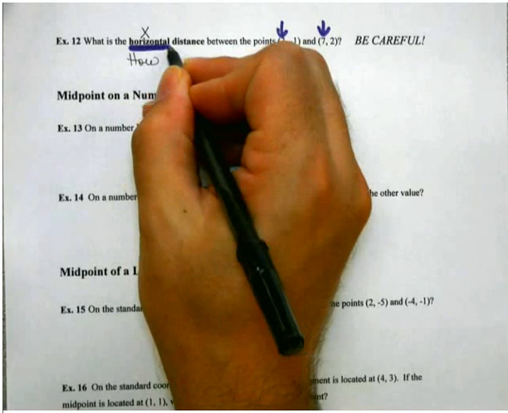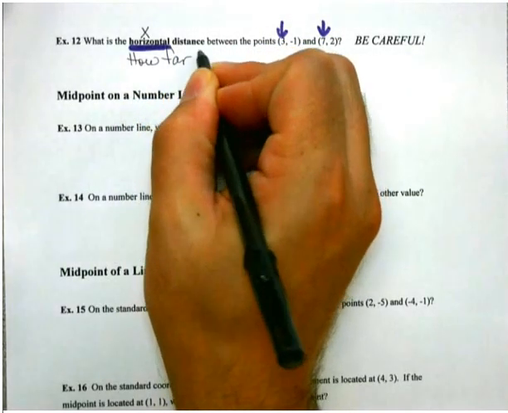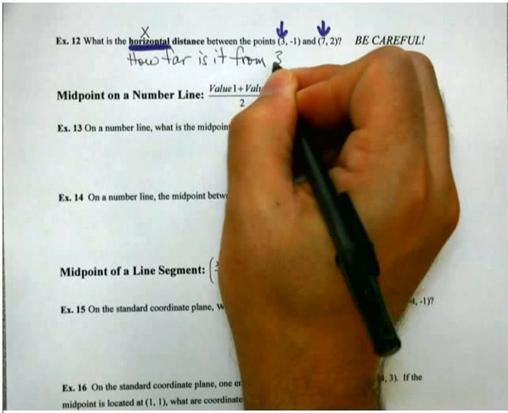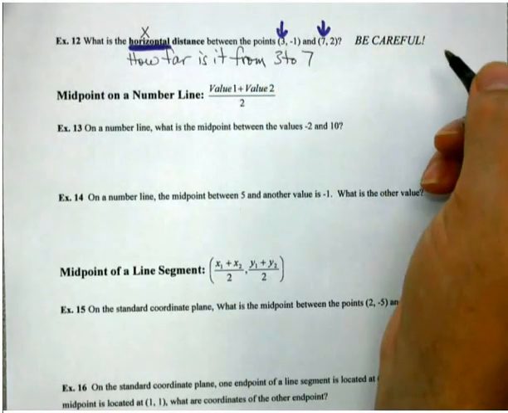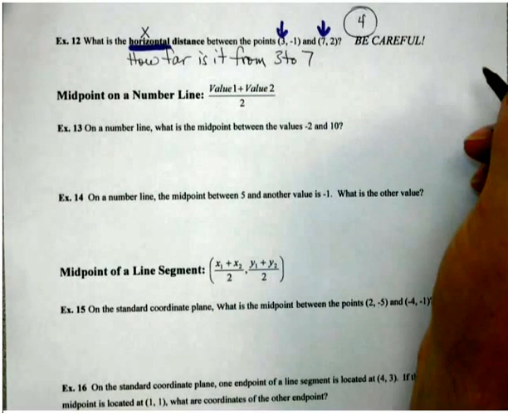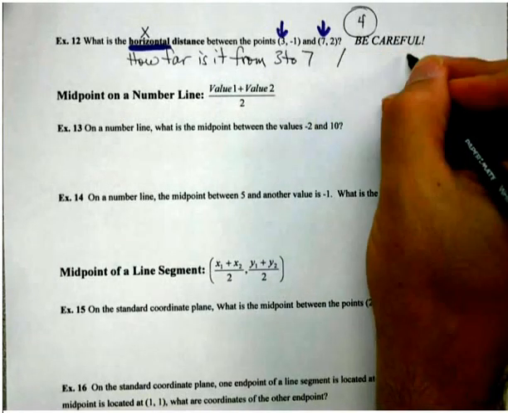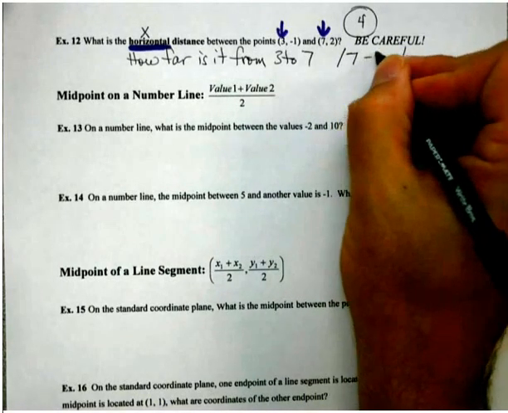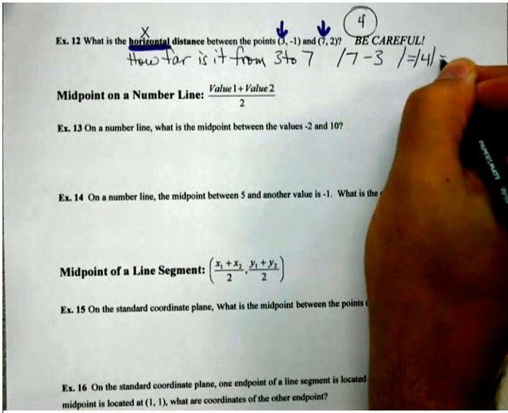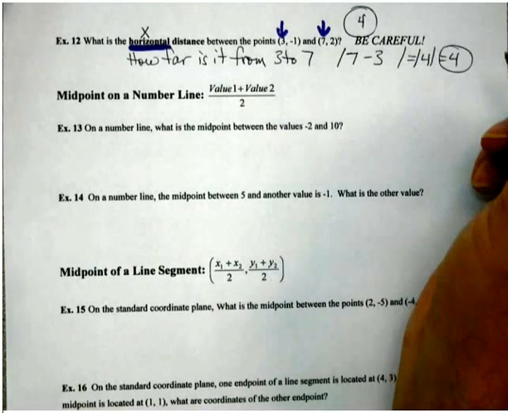So the real question here is, how far is it from 3 to 7? You're like, really? That's all you're asking me? Yeah, 4. I'm done. If you want to be a stickler and use the formula, x minus x, you get the same answer.